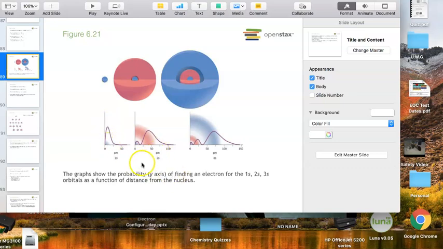For a 2s, you have one peak for the first region and then another for the second. And for 3s, you have 3 peaks. The probability of finding an electron in this area is higher than, say, over there, and that's what this graph is showing you.